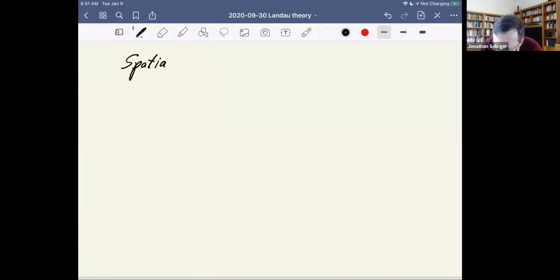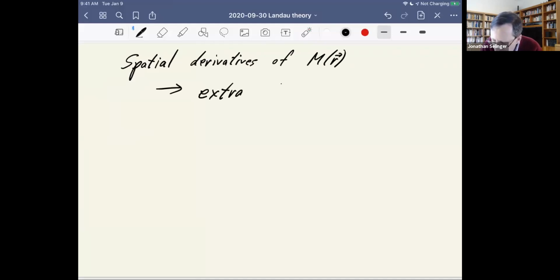So we'll say that spatial derivatives of M of R give some extra free energy.